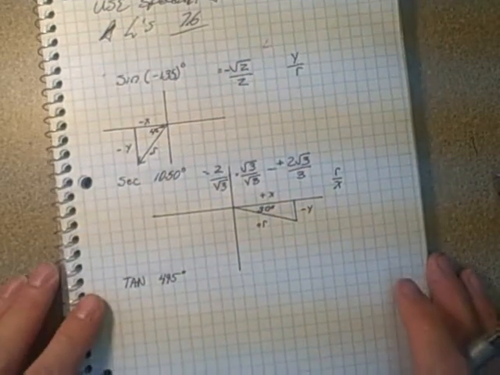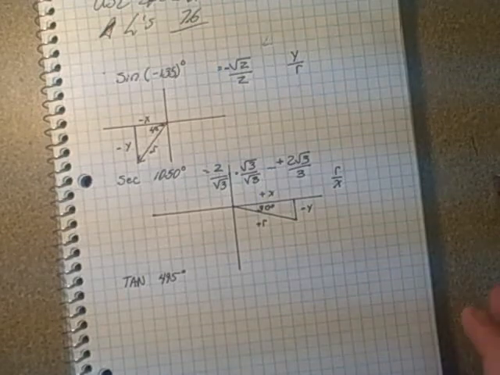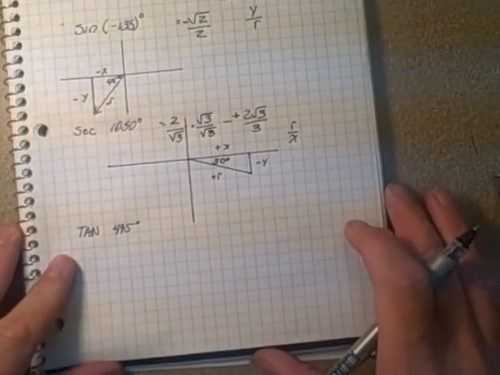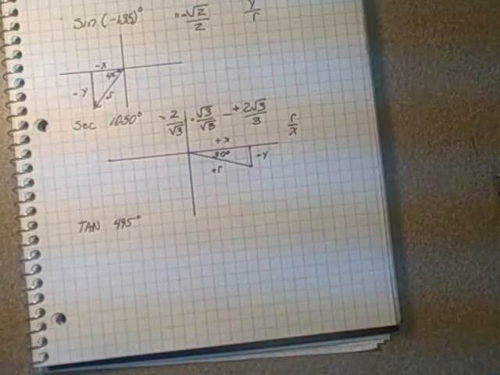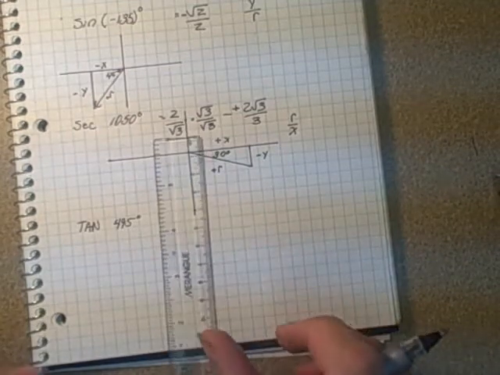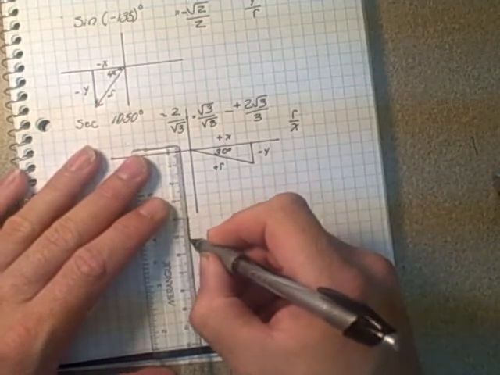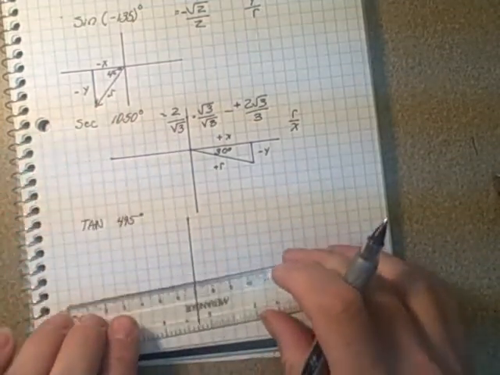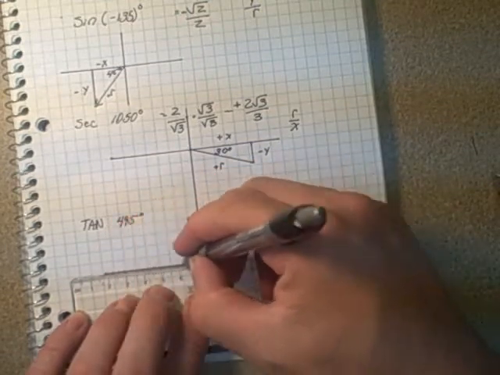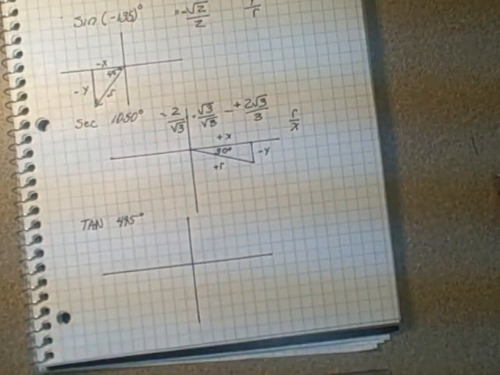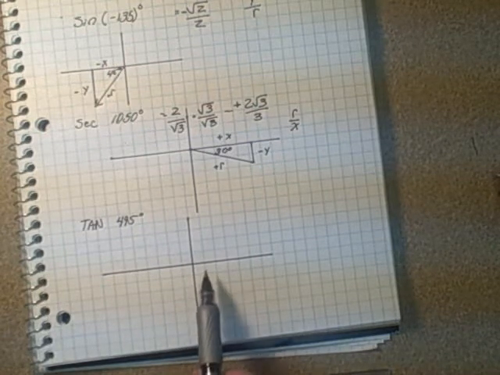Okay, finally for our last one, let me just check my field of view here. We have tangent 495. So I'm just going to put that so we can see it a little better. And we will draw a picture here for that. Okay, so again, when you're drawing your pictures for angles, you want to recall that one wrap around the Cartesian plane is 360 degrees.